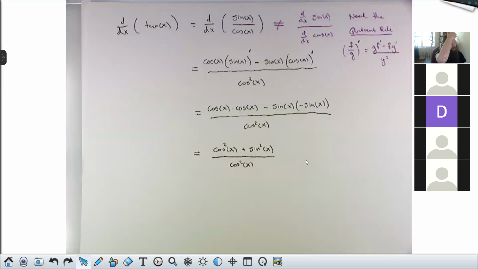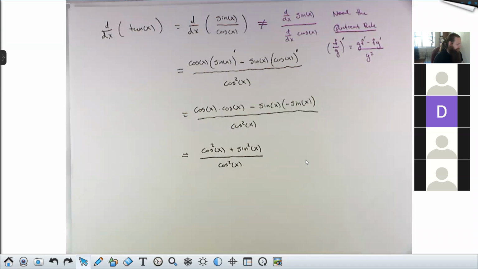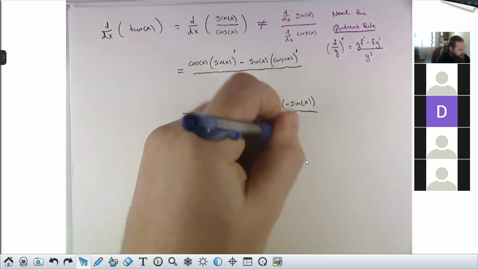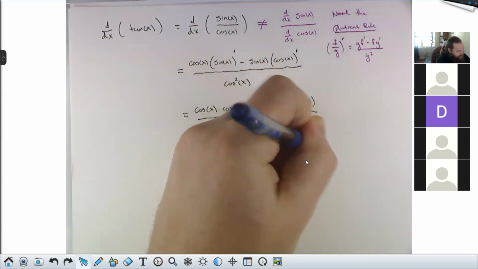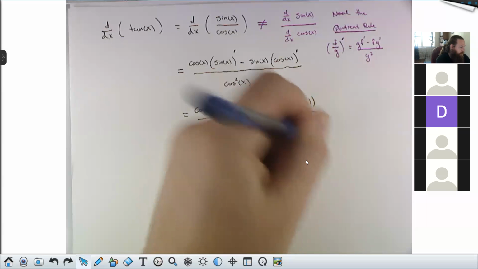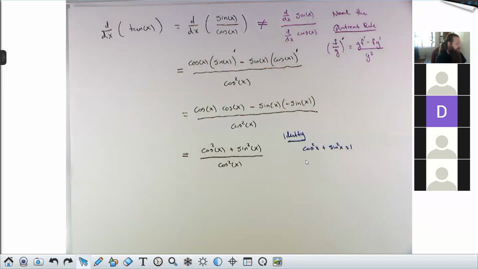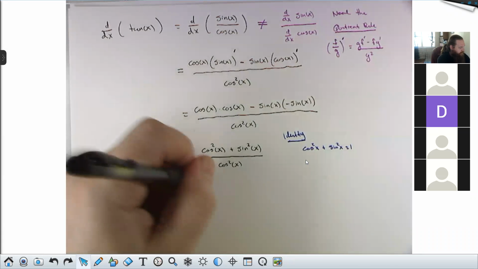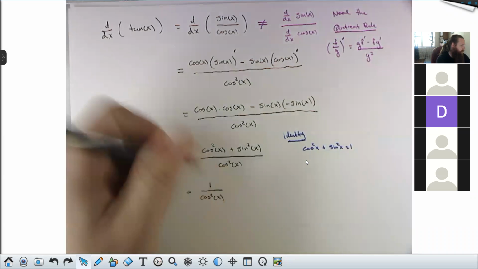Now, what do you notice about that numerator? What is cos squared x plus sine squared x? It's 1, isn't it? Very good. Yeah, that's your Pythagorean identity. And then 1 over cosine squared x equals secant squared x. Exactly. So that numerator is 1. The downstairs is cos squared x.